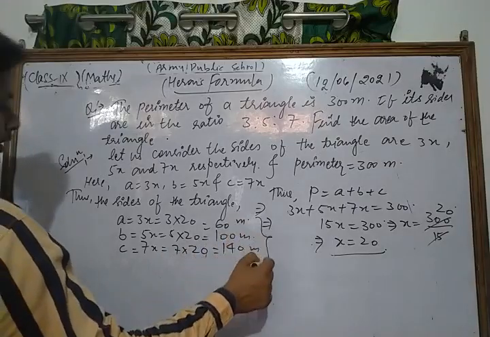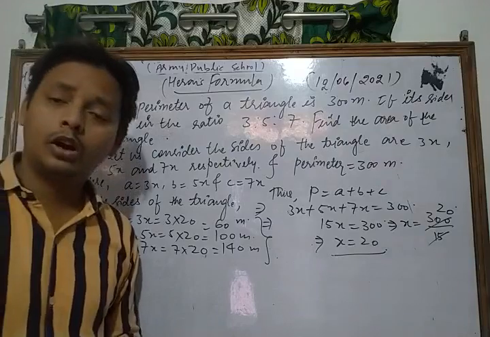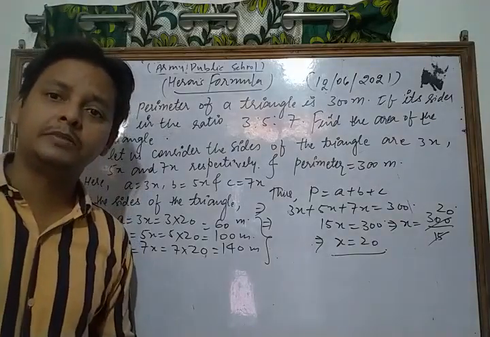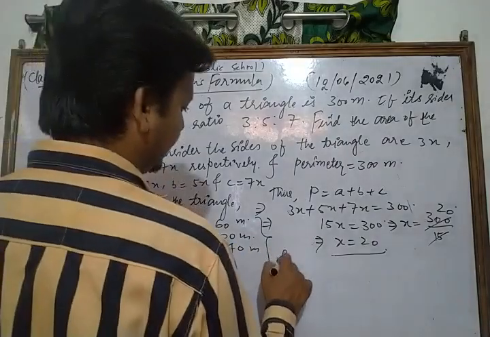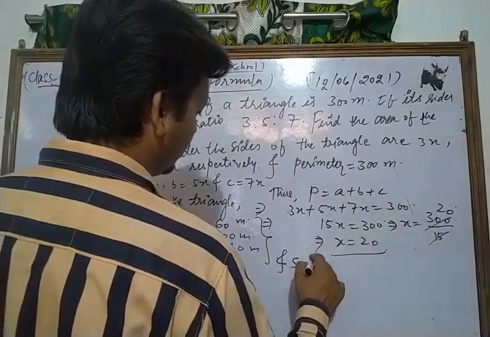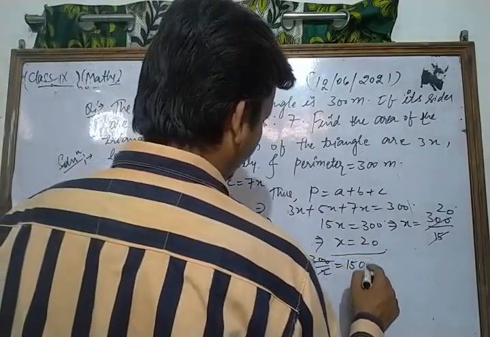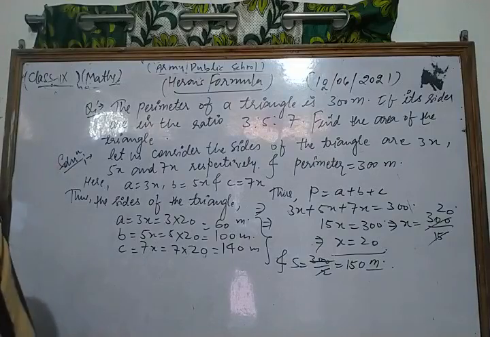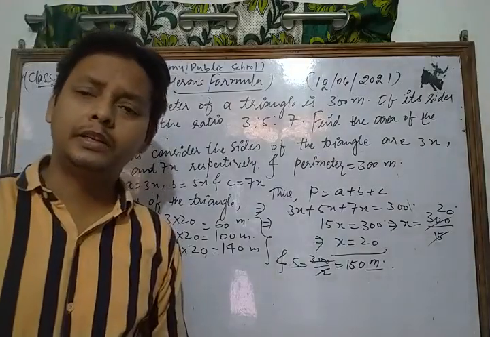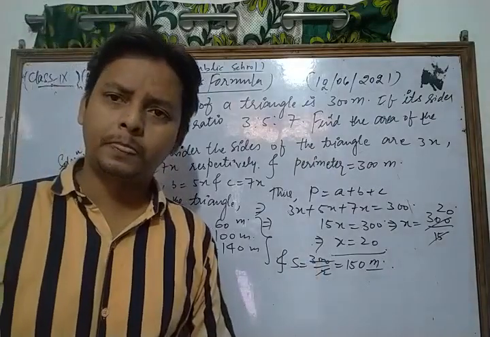So in this way we find all of its sides, A, B and C. The perimeter is given as 300, so the semi perimeter S is half of the perimeter, 300 upon 2, that is 150 meter.